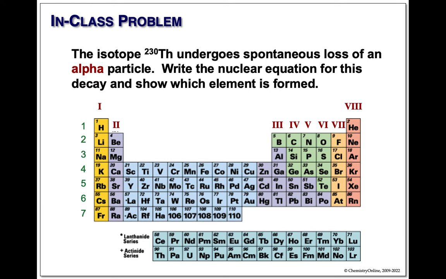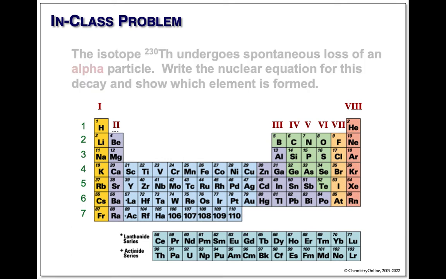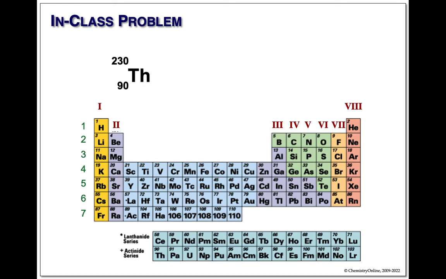So we start off with thorium-230, atomic number 90. The problem said this is going to lose an alpha particle. Here we go. Mass number is 4, atomic number is 2. Again, equivalent to a helium with no electrons.